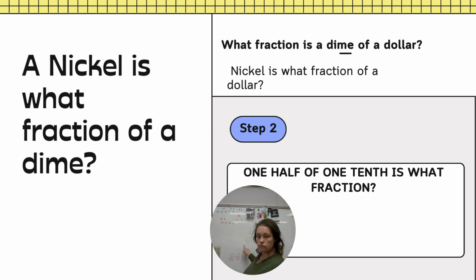Because we know that a dime is 1/10 of a dollar, and we know that a nickel is 1/2 of a dime. So what would 1/2 of 1/10 be? Keep our numerators. Let's look at our denominators. What's 2 times 10? 1/20th. Is that what we got here? Yep. Is that what we got in our picture? Yep. I think you're meeting all your learning criteria.